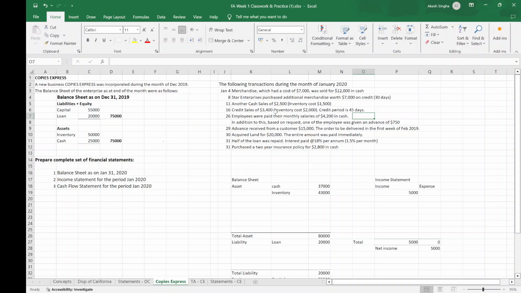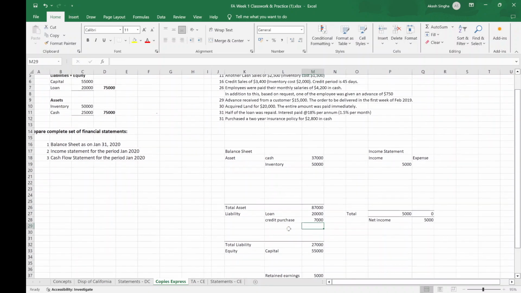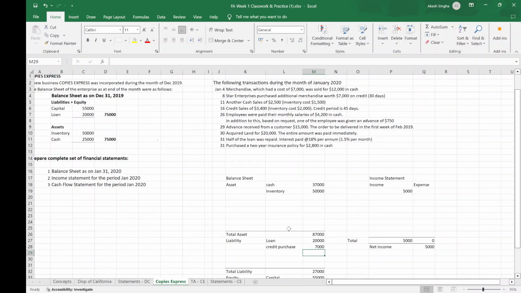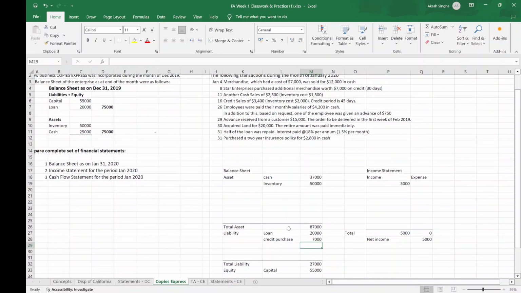After that, Star Enterprise purchased additional merchandise for 7,000 on credit. So again, inventory got increased by 7,000 and liability, credit purchase of 7,000. Still it's zero, good. Now another cash sale of 2,500 and inventory cost of 1,500.